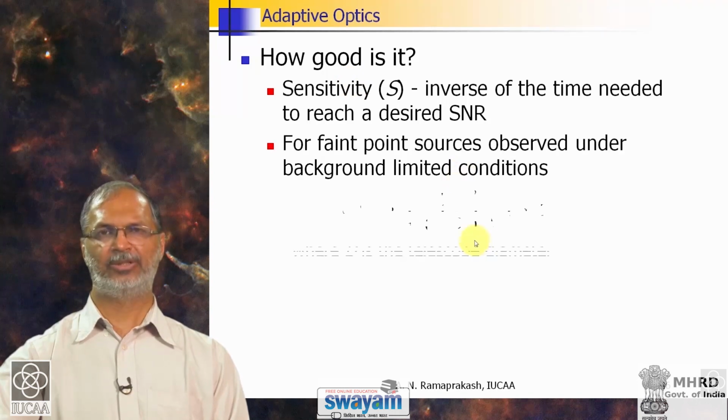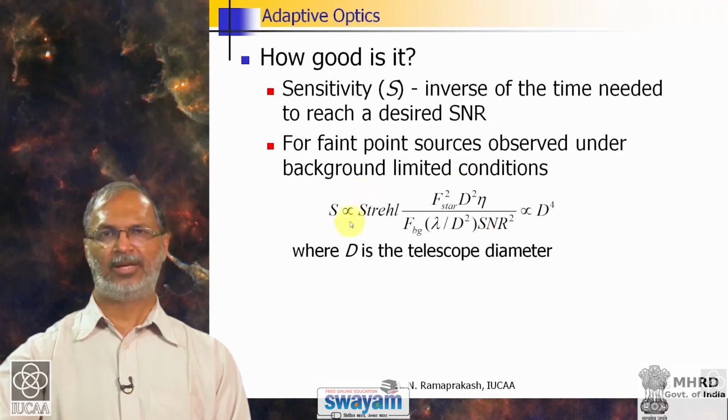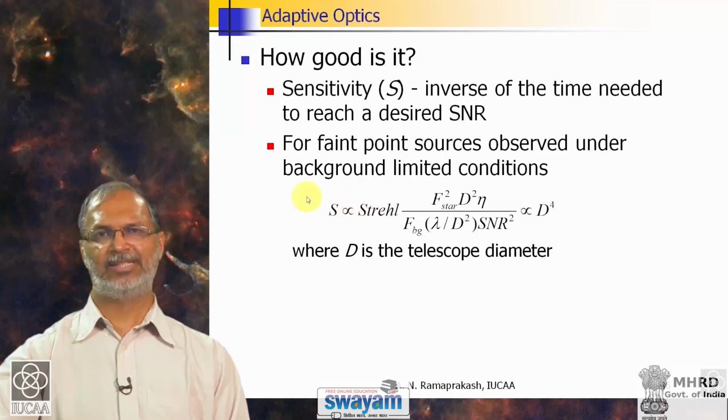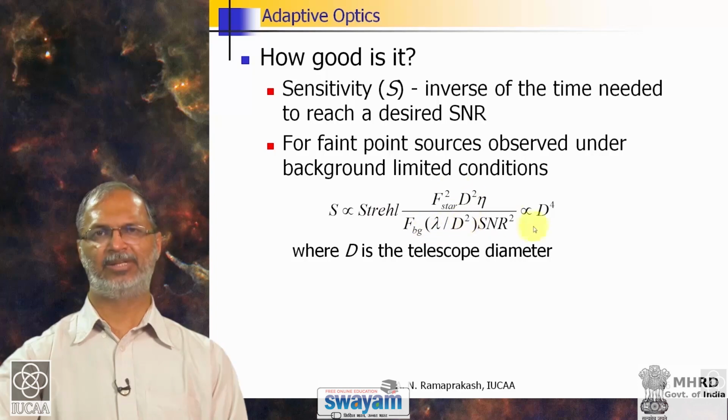Now, you can show that the sensitivity of the telescope scales like the Strehl ratio, and just ignore these parameters here for the time being. But if you reduce these parameters and the D dependence, you will easily be able to see that the sensitivity of the telescope scales like D to the 4, the diameter of the telescope raised to 4.